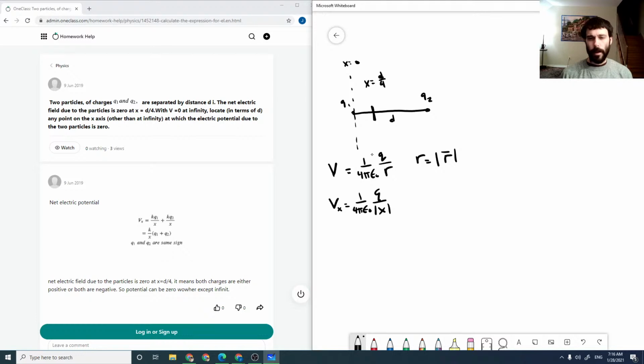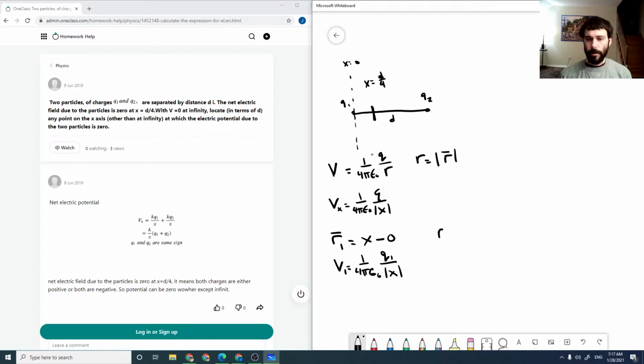Now, my r1 is going to be x minus 0, as it's at the origin. So then my V1 is just 1 over 4 pi epsilon naught Q1 over x.